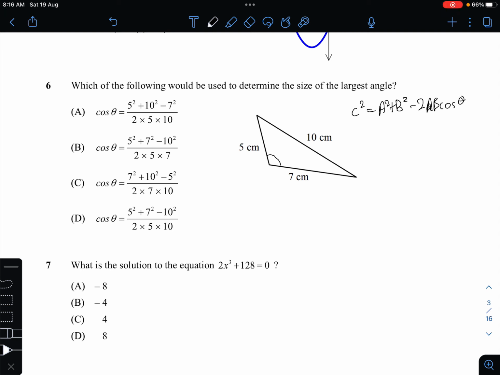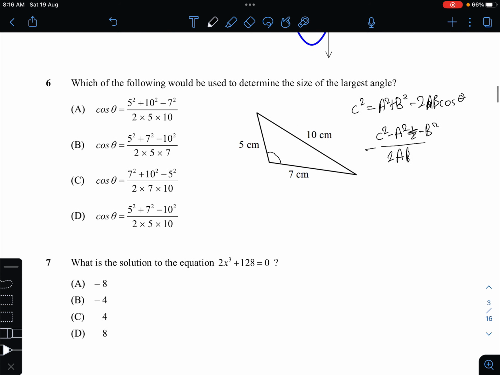And you just rearrange: cos theta equals (c squared minus a squared minus b squared) over -2ab, and a and b are 5 and 7, so we know our denominator is going to be 2 times 5 times 7, right?